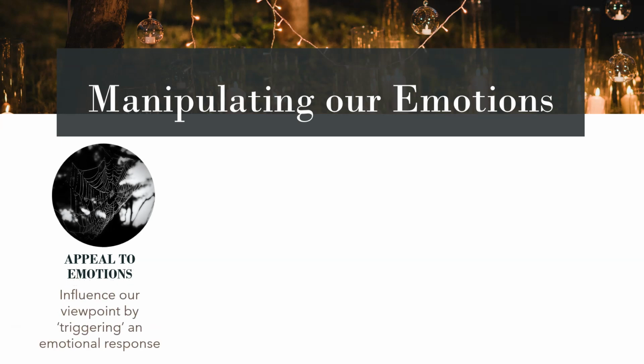Appeal to emotions is one of the most informal, common ways that we can see the pathetic fallacy. And more or less we have to evaluate when a source is trying to influence our views, attitudes, and receptions of an argument by triggering an emotional response.